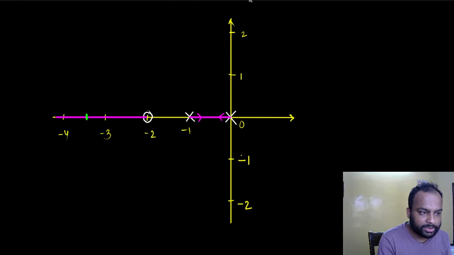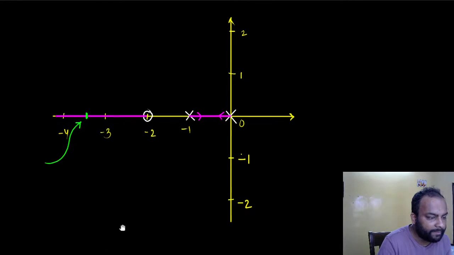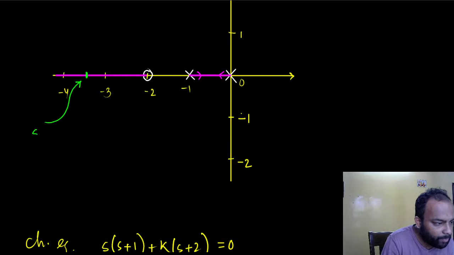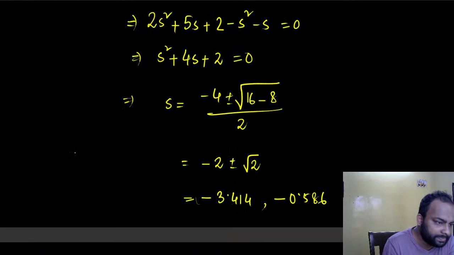So let's mark that point. We know that this point is at minus 3.414. I don't yet know whether it is going to be a break-in point or a breakaway point, but it is a valid point nonetheless.